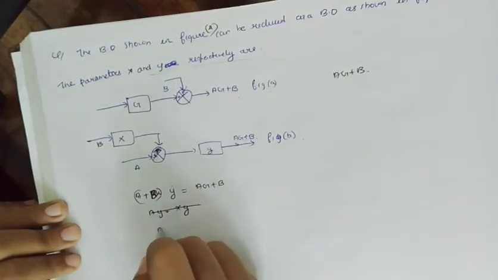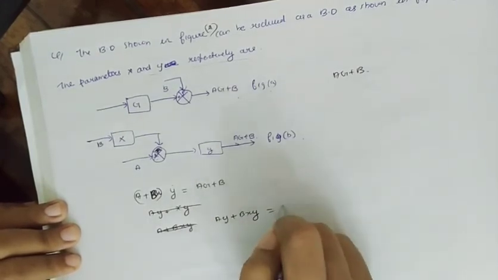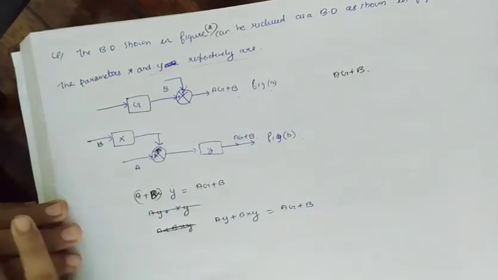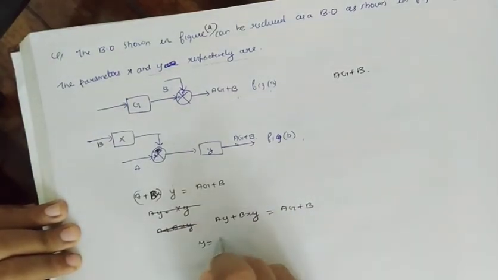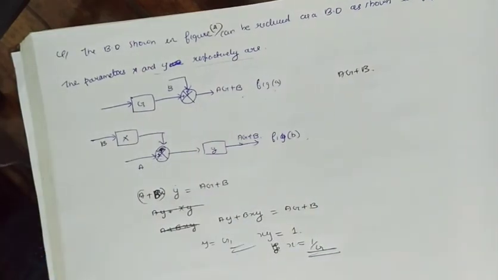That is AY plus BXY equal to AG plus B. So comparing, we will get Y is equal to G and XY equal to 1, that is X is equal to 1 divided by G. So X is equal to 1 by G and Y is equal to G.